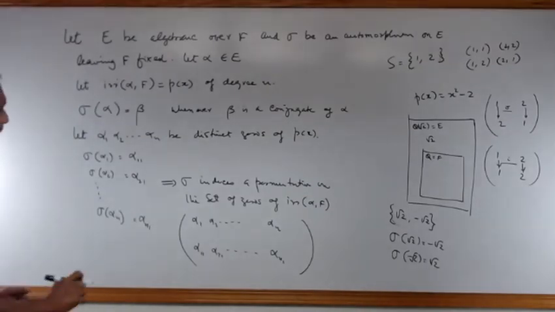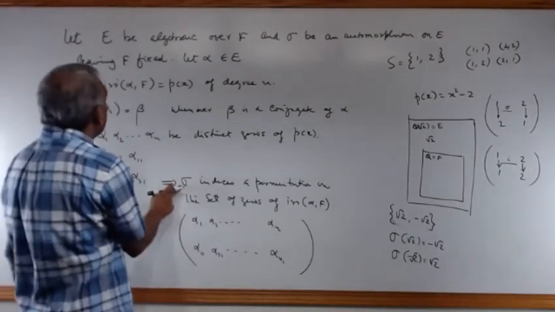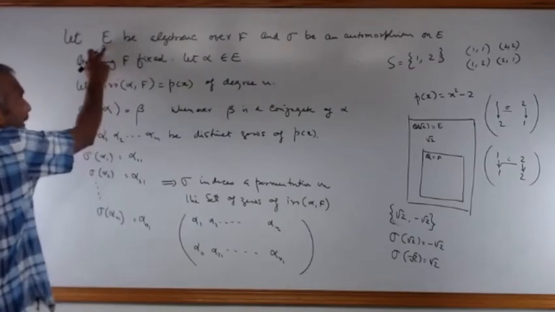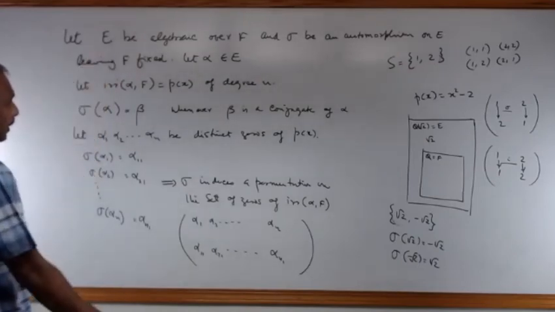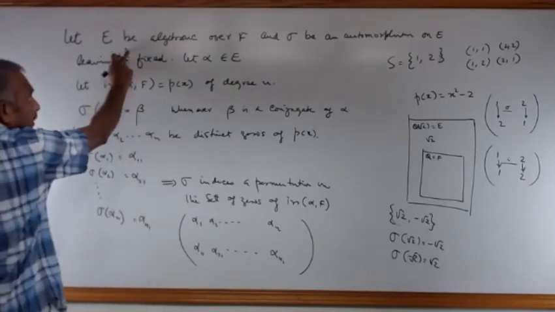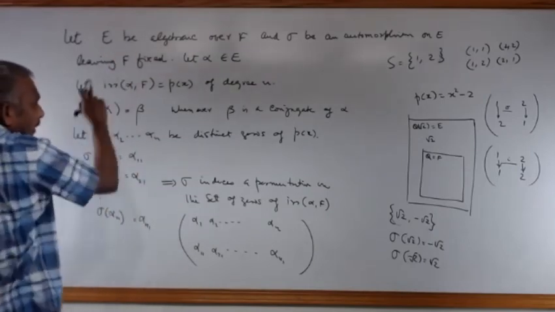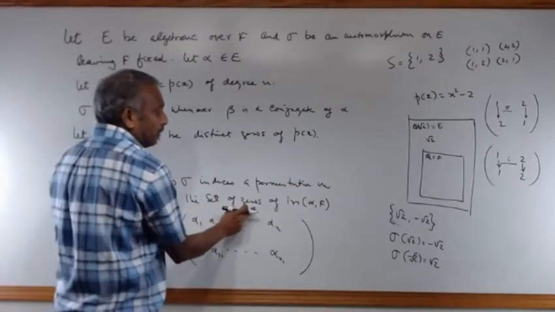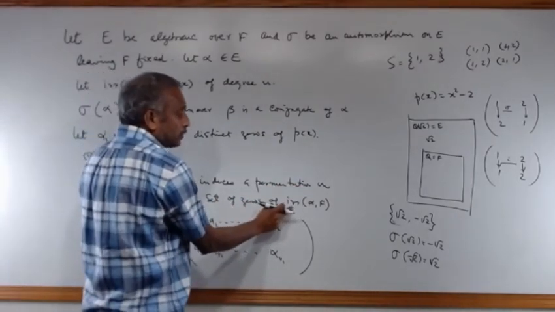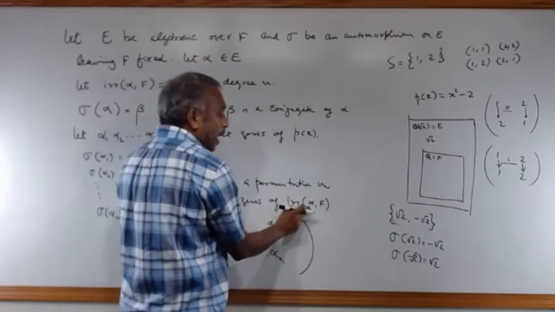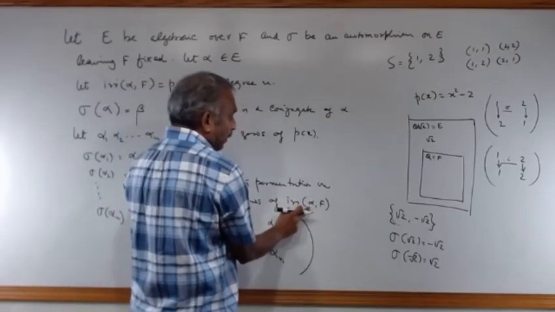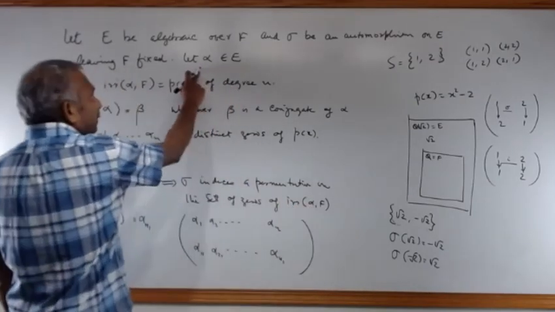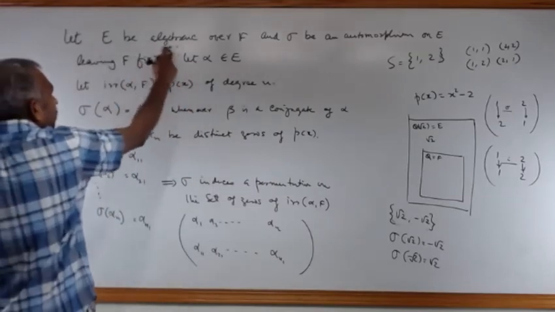So the result is: any automorphism on E induces a permutation on the set of zeros of the irreducible polynomial of alpha when alpha is algebraic. Of course, E is algebraic means alpha is algebraic.